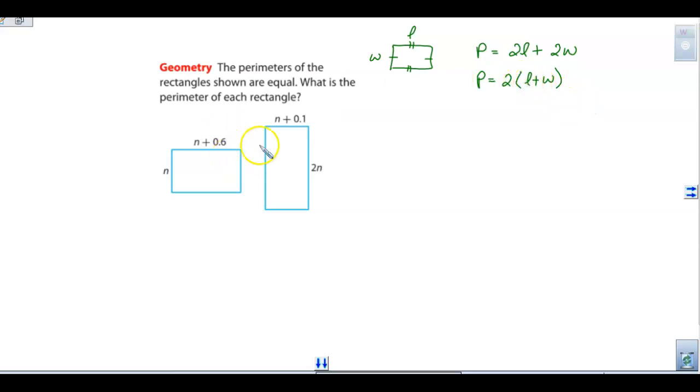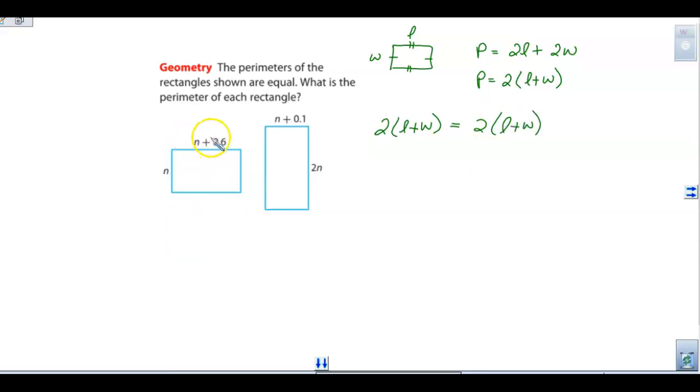Apply this information to what we have here. So I would have, and if they're equal to each other, we're going to have 2 times the length plus the width is equal to 2 times the length plus the width on this side.